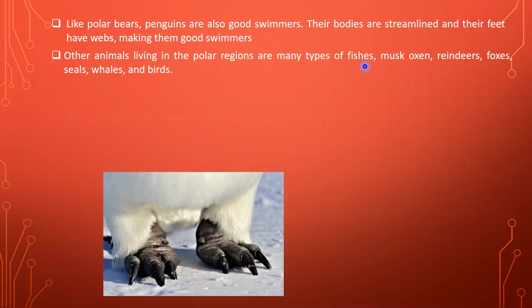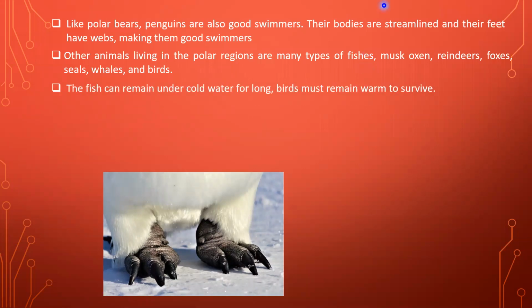So these are some other animals which can live in such a cold region. Now if we consider the fishes living in the Arctic or polar region, they can remain under the cold water for a very long duration, because we have seen that for 6 months there is winter, or night. So for a long 6 months, these fishes are living under the water.